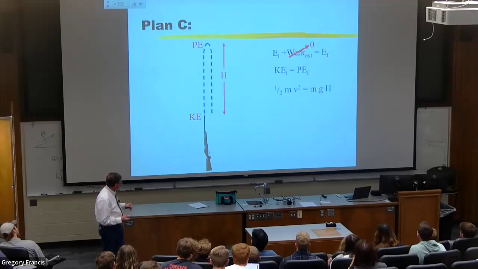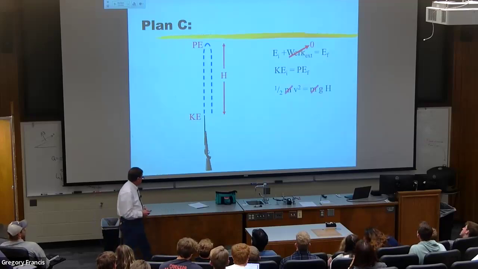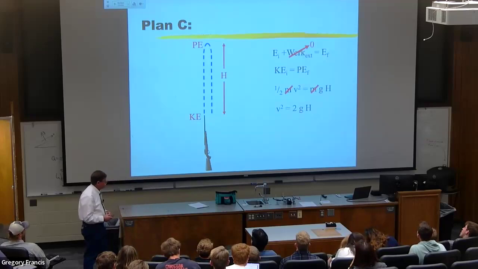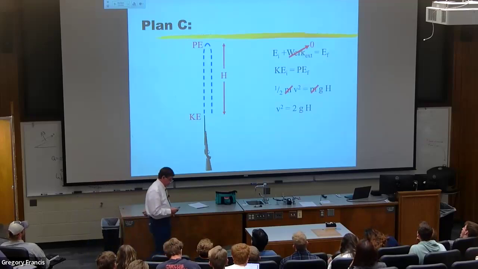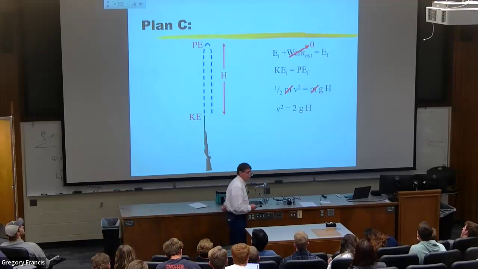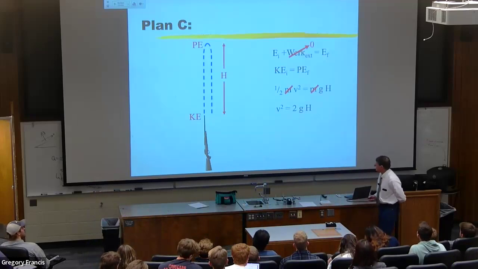I just set the kinetic energy at the beginning equal to the potential energy at the top. I cancel the mass, and I get this formula that will give me that muzzle velocity. Okay, so pretty straightforward, just balancing the energy.